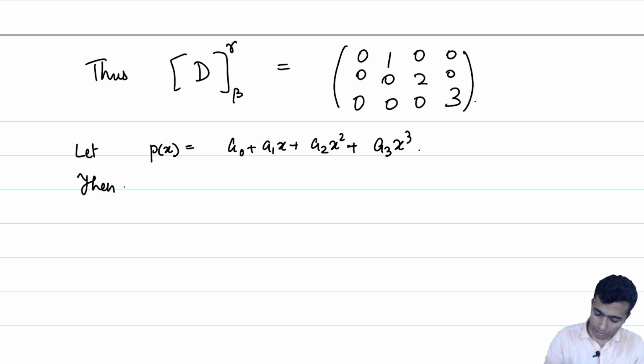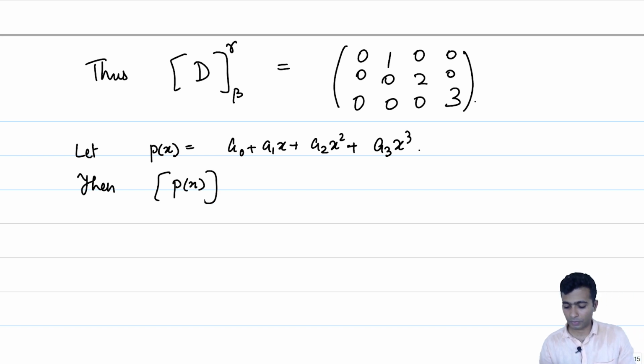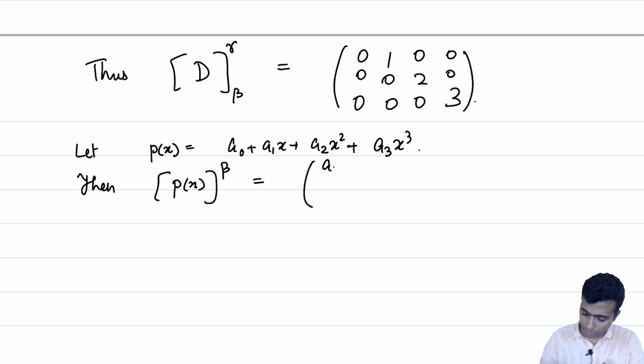Then what is P of x with respect to beta? This is an element in P3 of R which has beta as its coordinate basis, which is 1, x, x square, x cube, and this is going to be a0, a1, a2 and a3.